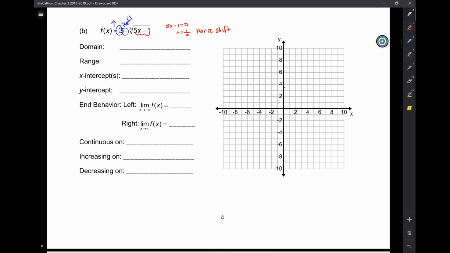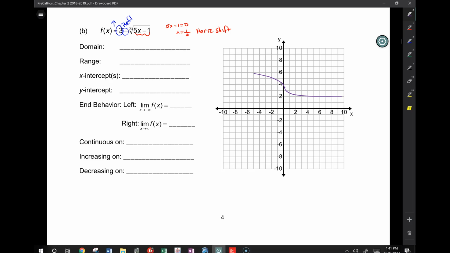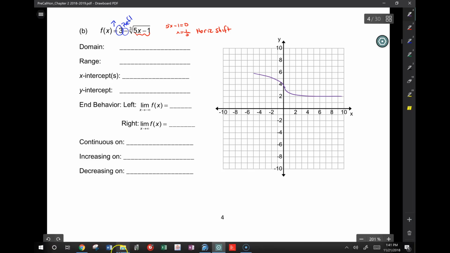You can obviously graph on the calculator if you have it, but if you don't, you know that it's going to go up on the left and then down on the right. So here it's going to look like this. So let's actually put this on the calculator and I'll show you exactly what I want.